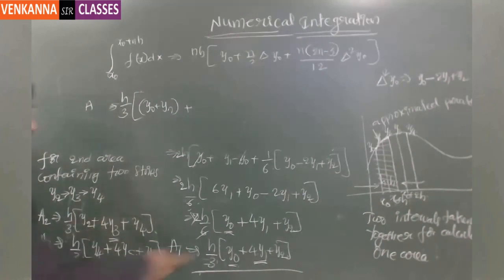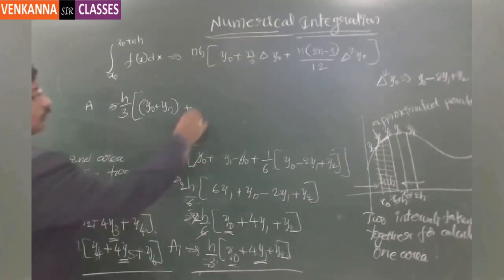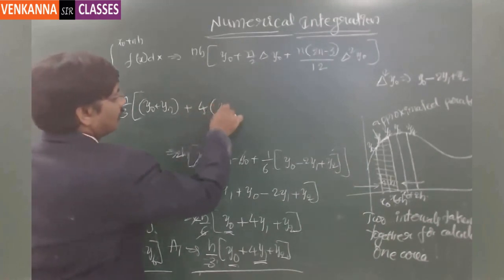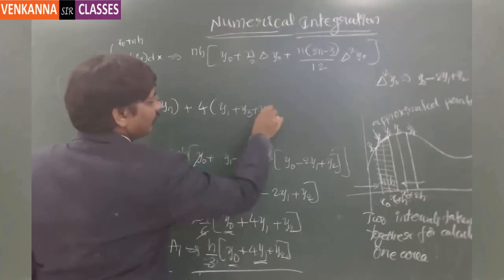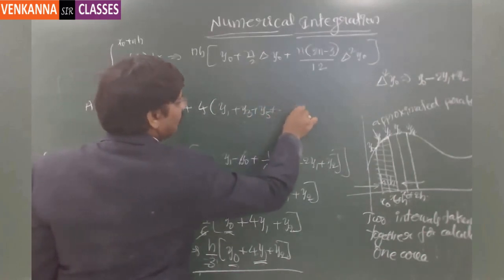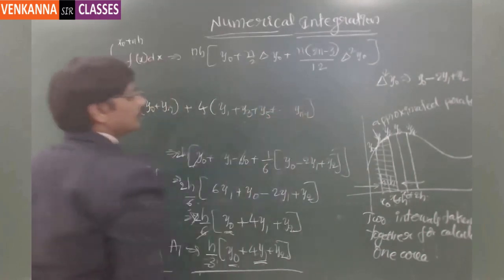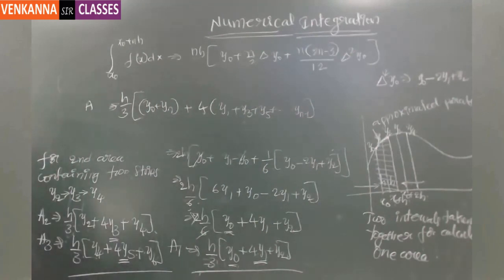So all the odd numbers are coming out to be 4 times. So 4 times of odd numbers: y1 plus y3 plus y5 plus dash dash dash yn minus 1. So 4 times of odd numbers.